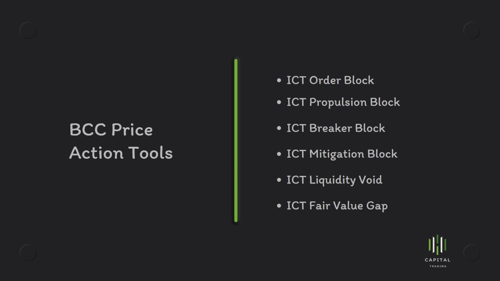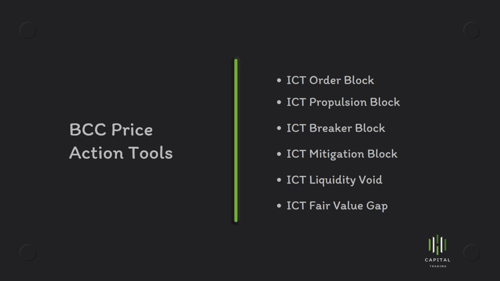So on the screen we have 6 tools that we are going to utilize for BCC. We have the ICT order block, the ICT propulsion block, the ICT breaker block, the ICT liquidity void, and the ICT fair value gap.